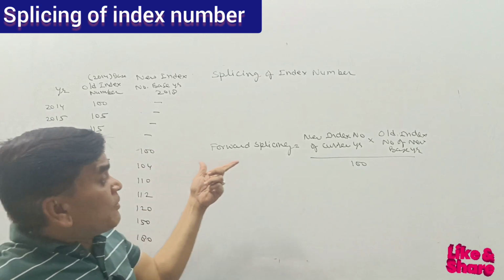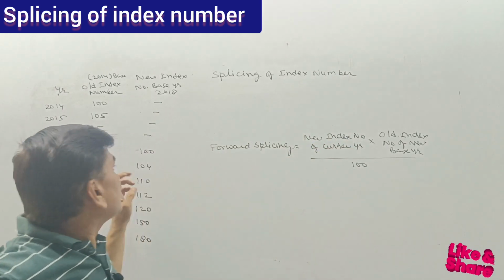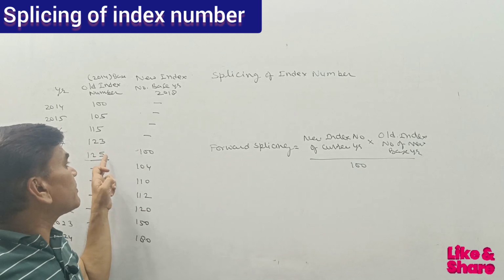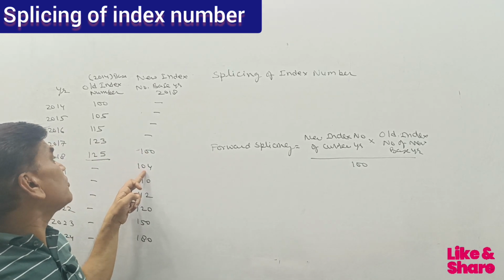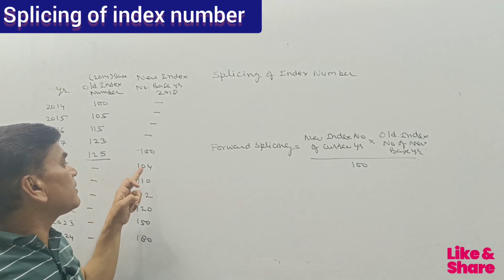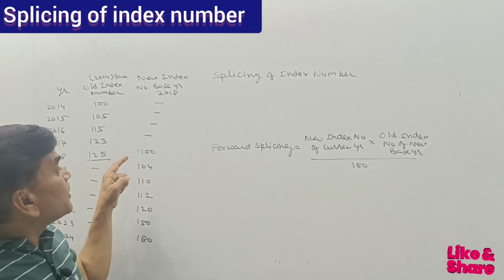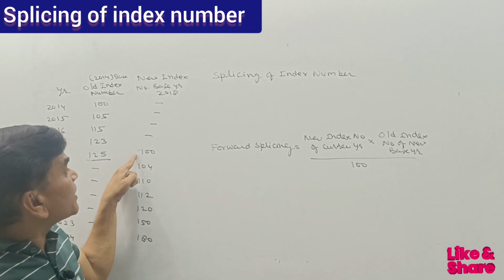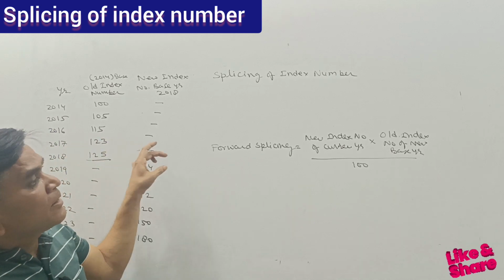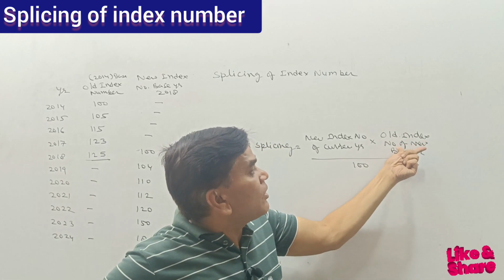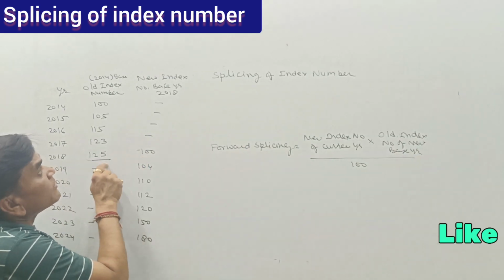So this is called forward splicing. The new index number of the current year is taken, first 100, multiplied by 125 divided by 100, then 104 multiplied by 125 divided by 100. Every time we take the new index number of the current year multiplied by the old index number of the new base year.